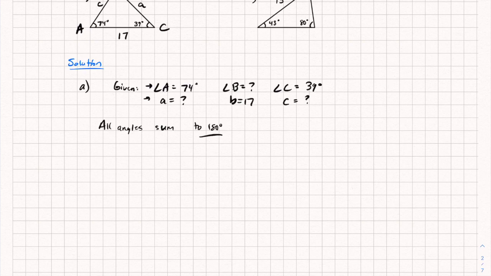So if angle A is 74, then I can take that from 180. And if C is 39, I can take that from 180. Then this should give me B. Doing the subtraction, 180 minus 74 is 106, minus 39 is 67 degrees. And here is my angle for B.